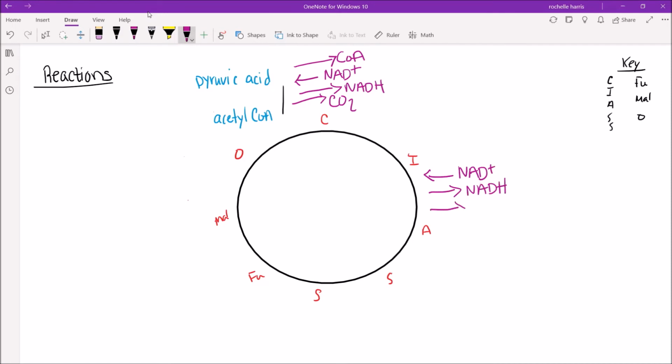We also see that carbon dioxide is leaving the cycle, and this is a decarboxylation process. And NAD plus is oxidized.